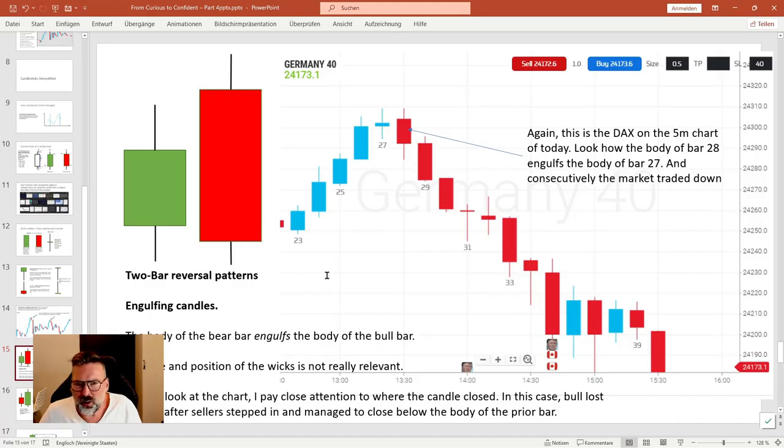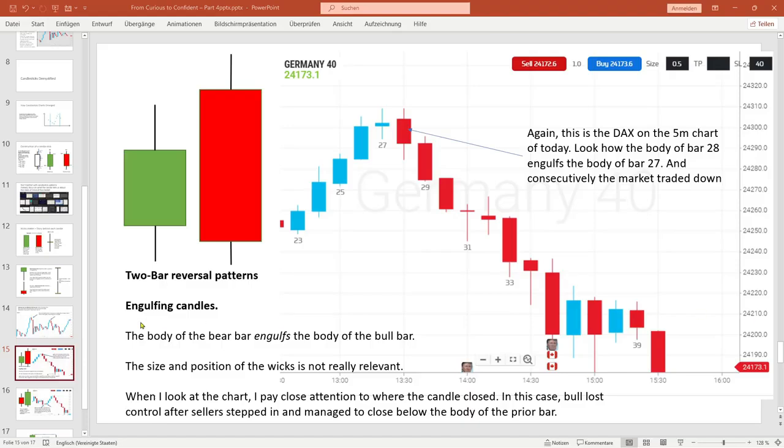So, that was a single bar reversal. Now let's talk about 2-bar reversal patterns. One of them is the engulfing pattern. What does that mean? You see that the body of the second bar engulfs the body of the prior bar.